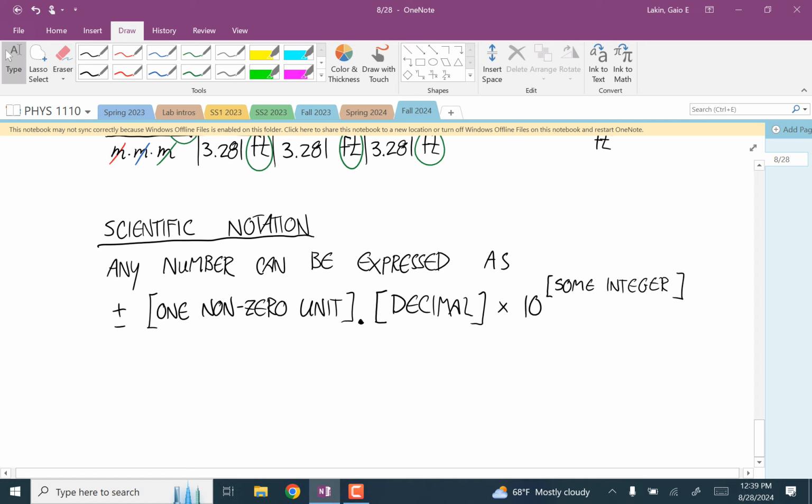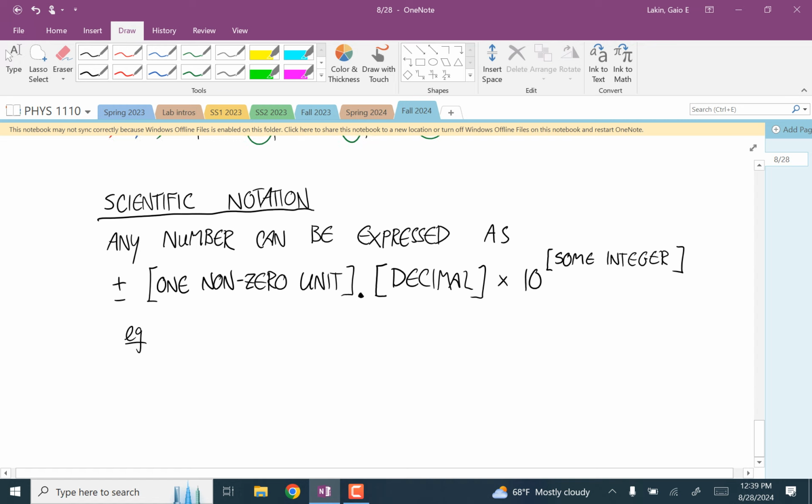Okay, so for example, what I mean is negative 3,481.9 is equal to negative 3.4819 times 10 to the positive third power.